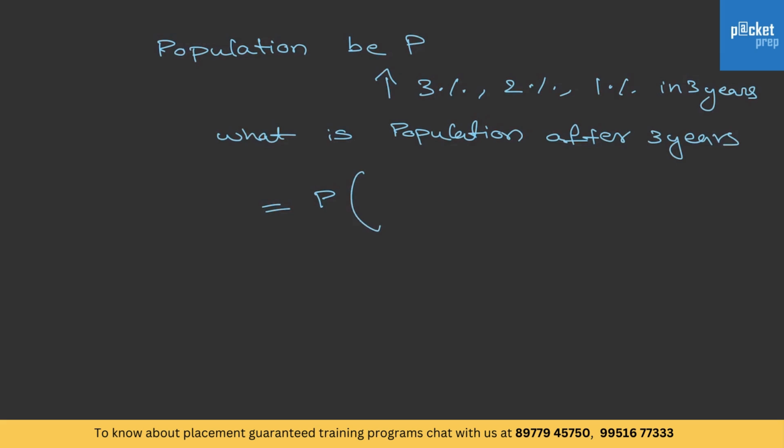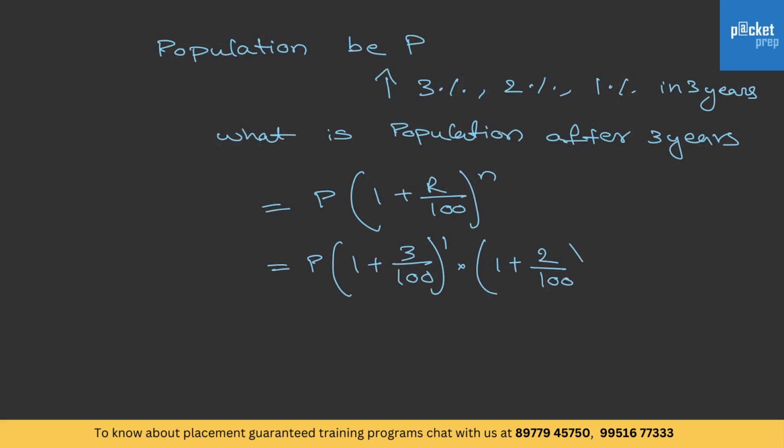The original formula is P into 1 plus R by 100 whole power n. In this case, we take individual rates. So P into 1 plus 3 by 100 for the first year, into 1 plus 2 by 100 for the next year, into 1 plus 1 by 100 for the next year.